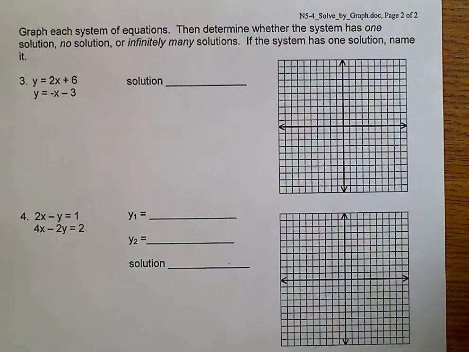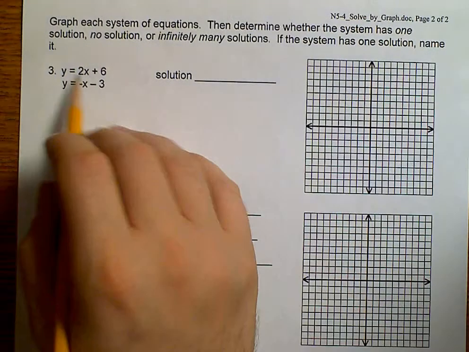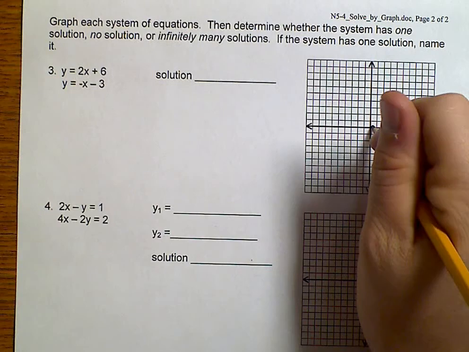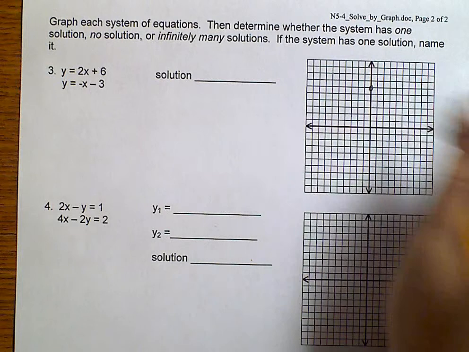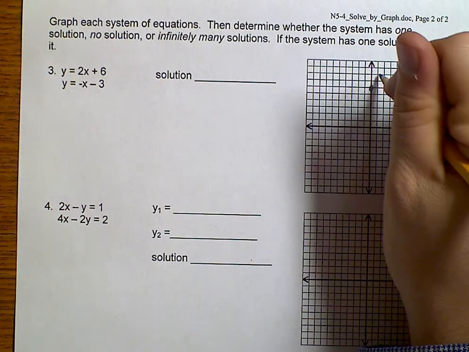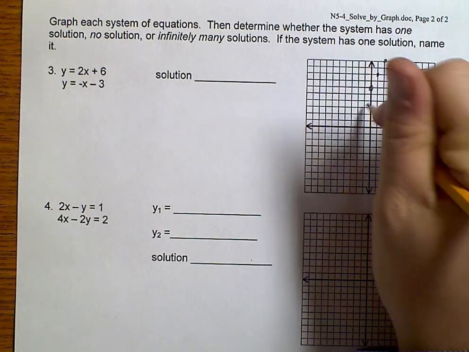Now, here we're going to do this by graphing. So we want to graph these two equations. 2x plus 6, so I start at 6. I have a slope of 2, so I rise 2 and run 1.